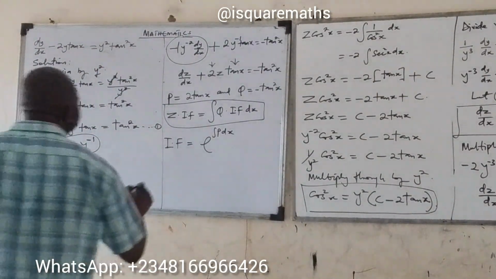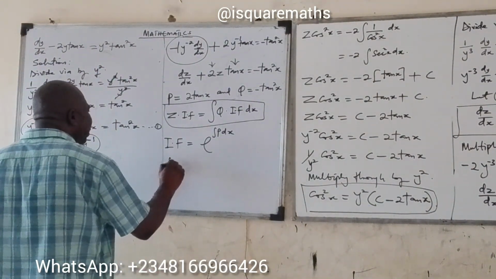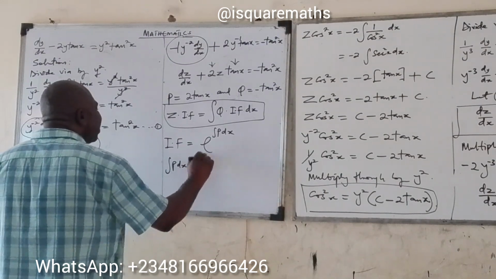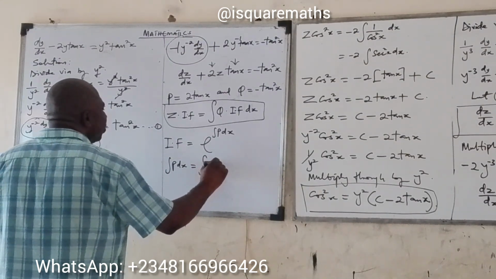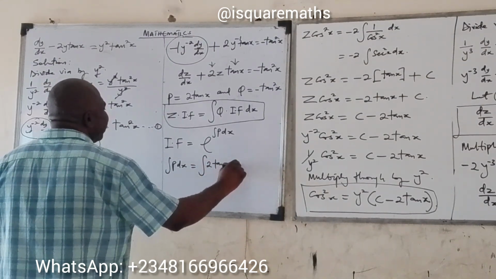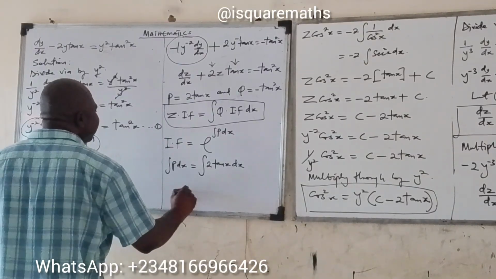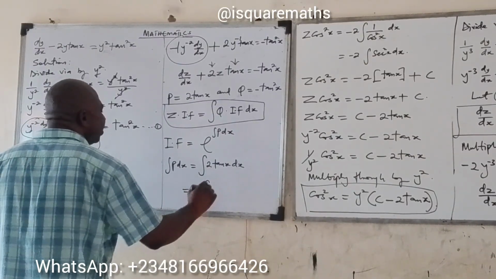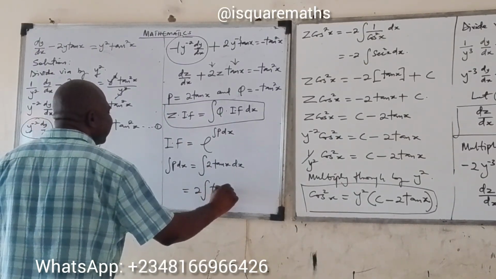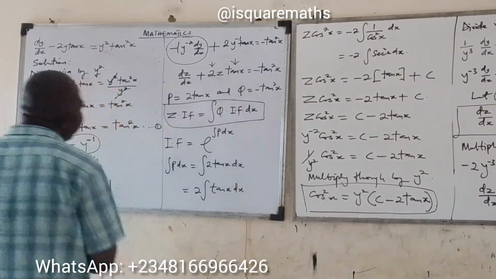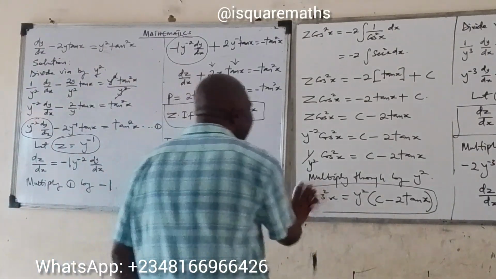So here, let's see the value of our integral p dx. Integral p dx will be integral 2 tan x dx. This is the same as saying 2 integral tan x dx.